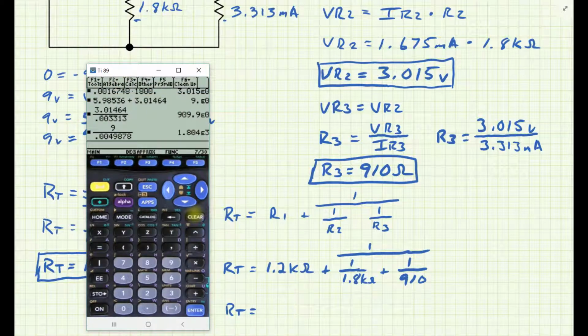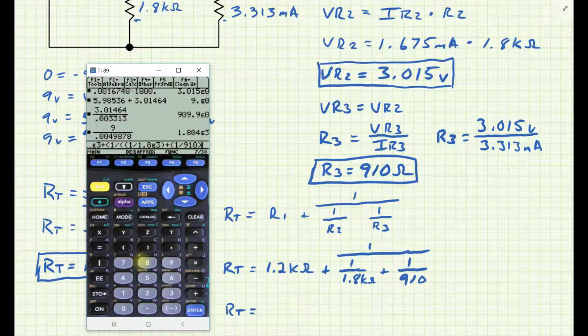Let's just do that to be faster. 1.2 e to the third plus parenthesis 1 divided by parenthesis, okay, another parenthesis, just to punch it in just like I've written it here. 1.8 e to the third, which is our R2, so the reciprocal of R2 plus the reciprocal of R3, or the conductance of R3.